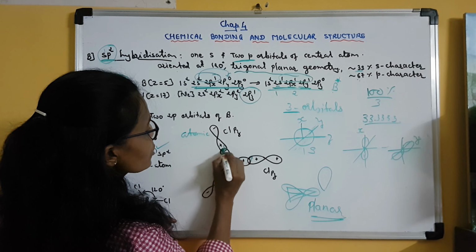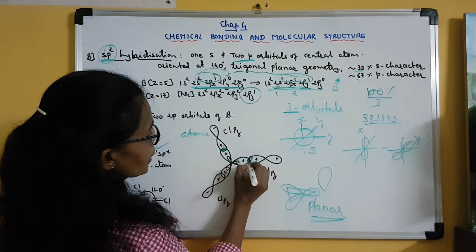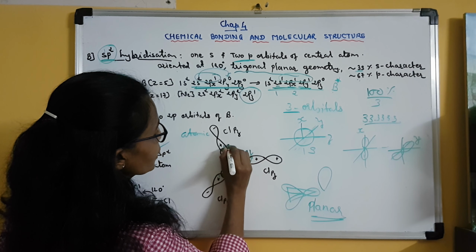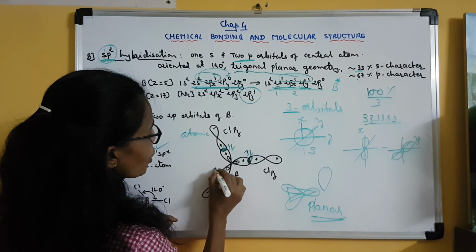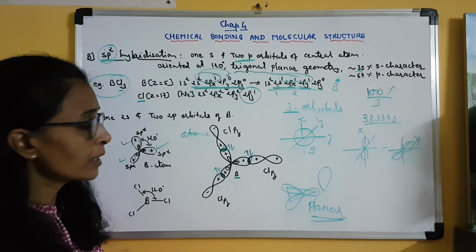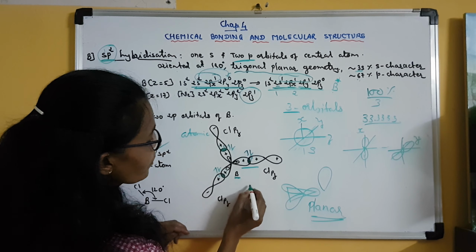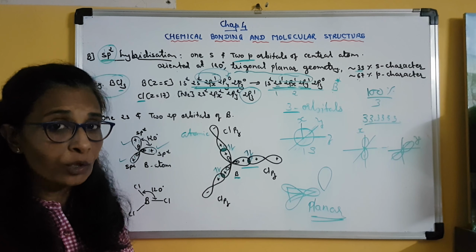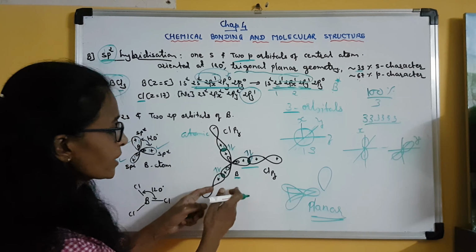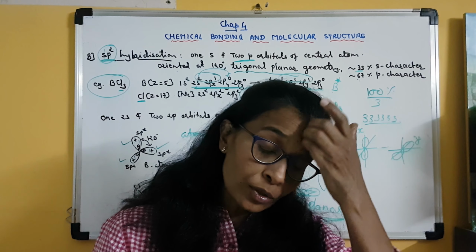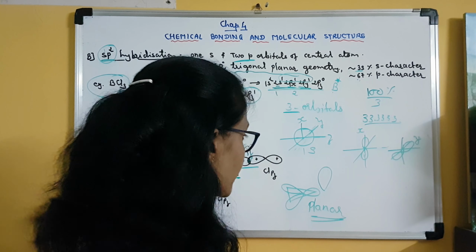So in this overlap region, the electrons of both atoms, boron as well as chlorine, are present. Clear? So here also you can see this is axial overlap, or head to head, or head-on overlap. Clear? So all these 3 orbitals of chlorine undergo head-on or axial overlap with the hybrid orbitals of the central boron atom.